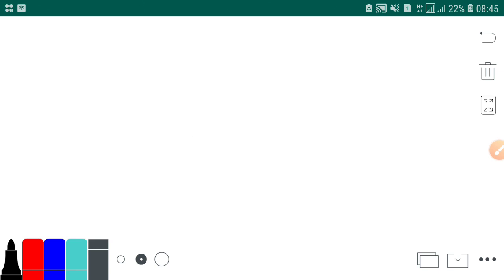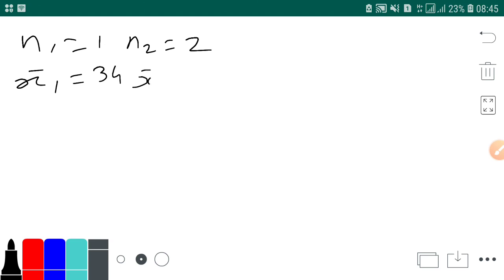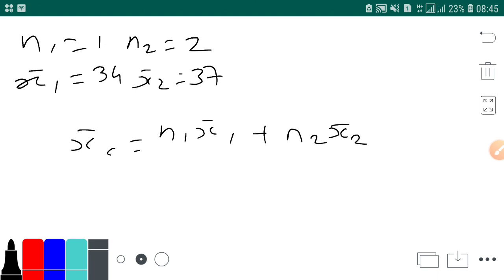Let's start. As I told you, take n1 as 1, n2 as 2. You can take any other digit also. x bar 1 is 34, x bar 2 is 37. Let's take x bar c: n1 x bar 1 plus n2 x bar 2 upon n1 plus n2.